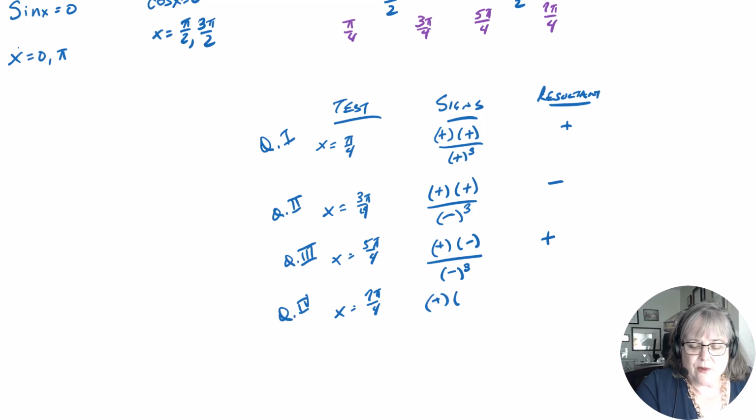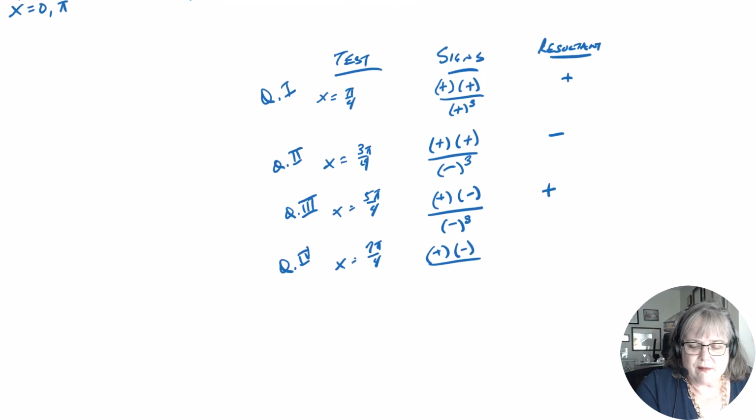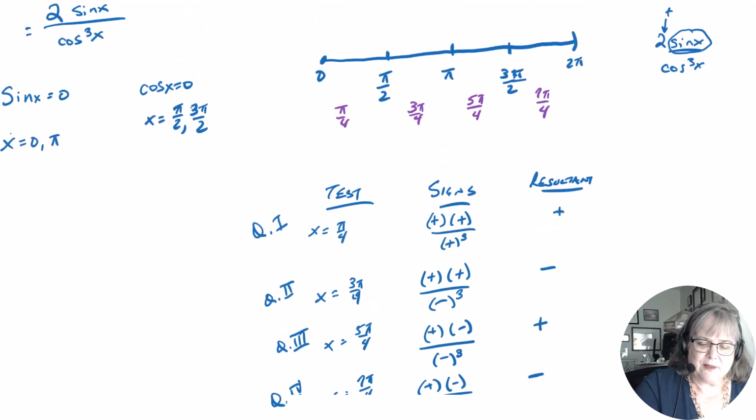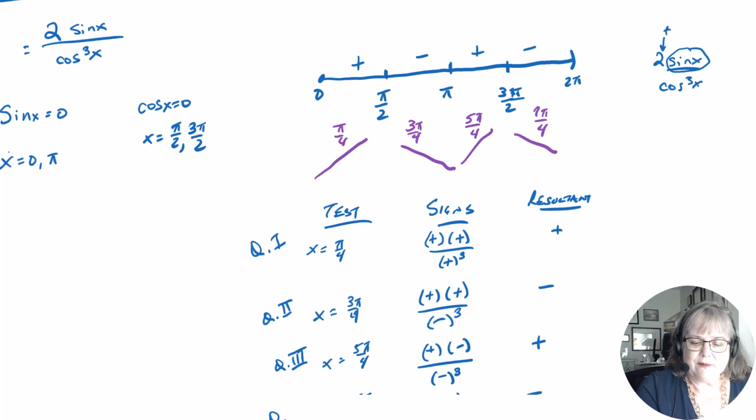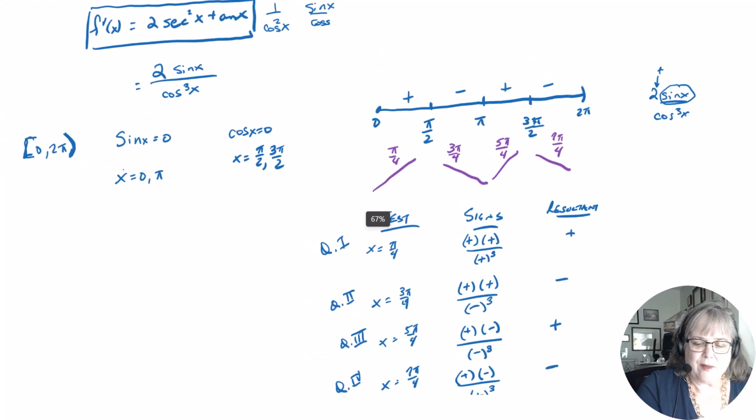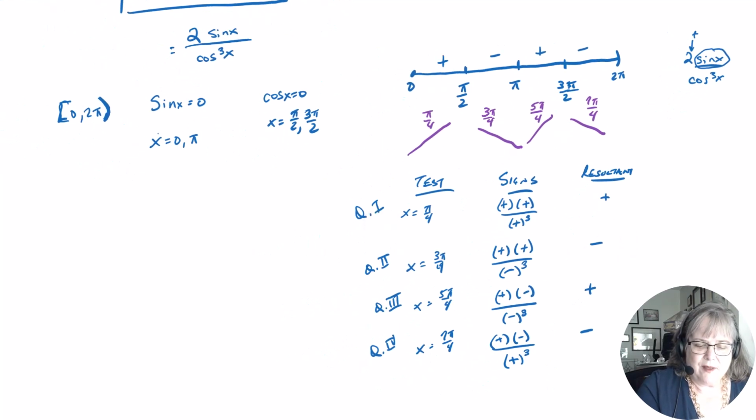Sine in quadrant 4 is negative. Cosine in quadrant 4 is positive. So this ends up being negative, so it bounces. Plus, minus, plus, minus. So it's going to go positive, negative, positive, negative, right? That's kind of your little image thing you got going on there.